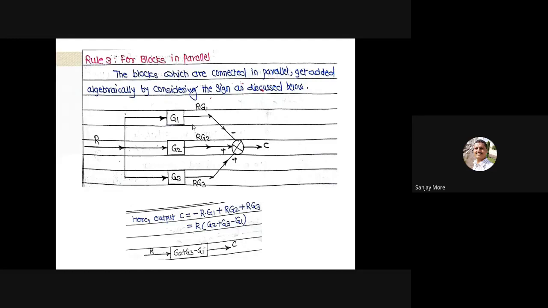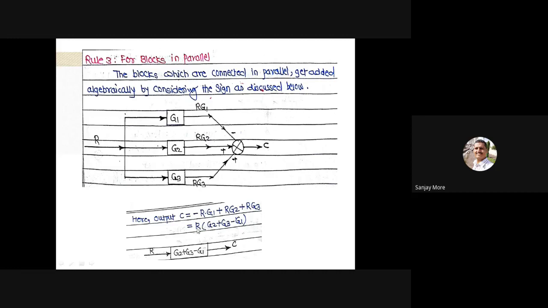Here they get added algebraically, considering the sign. Here R feeds three blocks G1, G2, G3, with signs minus, plus, minus, so the output is C equals minus RG1 plus RG2 plus RG3.